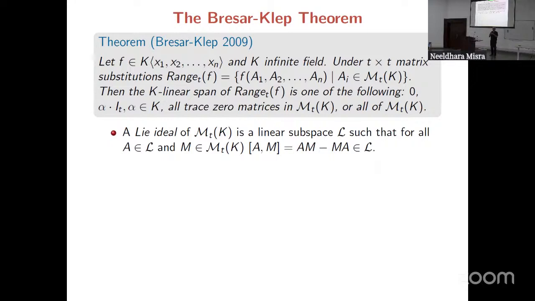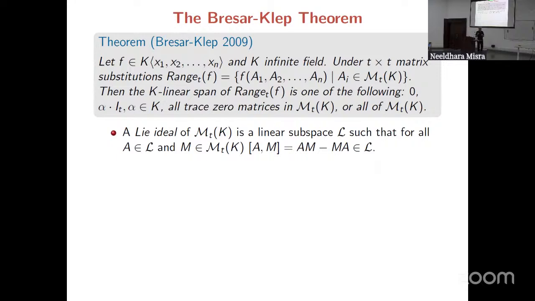It could be 0, for example, if f is the zero polynomial, or if f is a polynomial identity for t by t matrices. It could be all scalar matrices, all diagonal matrices with the same scalar sitting on the diagonal. Or it could be all trace 0 matrices. Or the span will fill the whole matrix algebra.